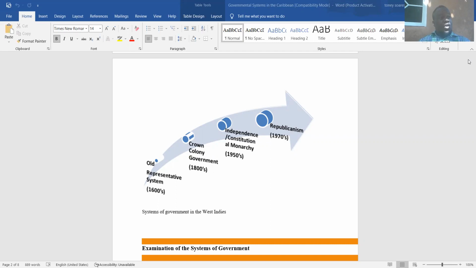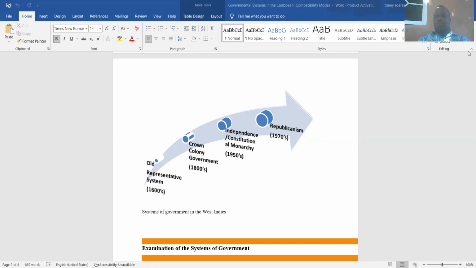Then some countries say, hey, we want to do away with the crown, right? And crown represents the monarch, which is the king or the queen. So they went to full independence. So they're functioning on their own fully, wholeheartedly now. So that system of government is called republicanism.